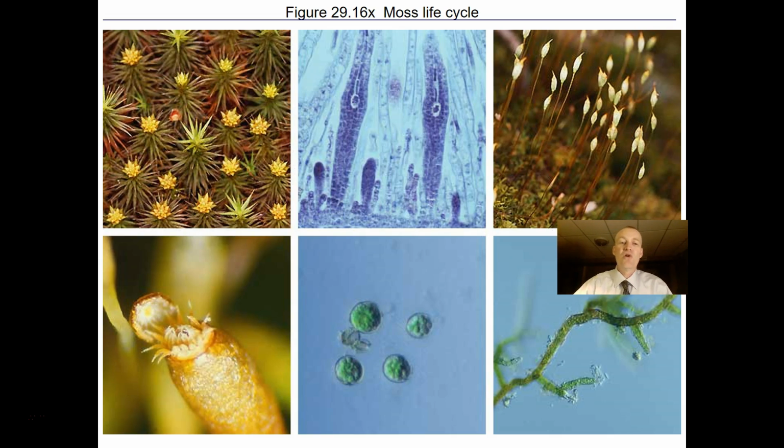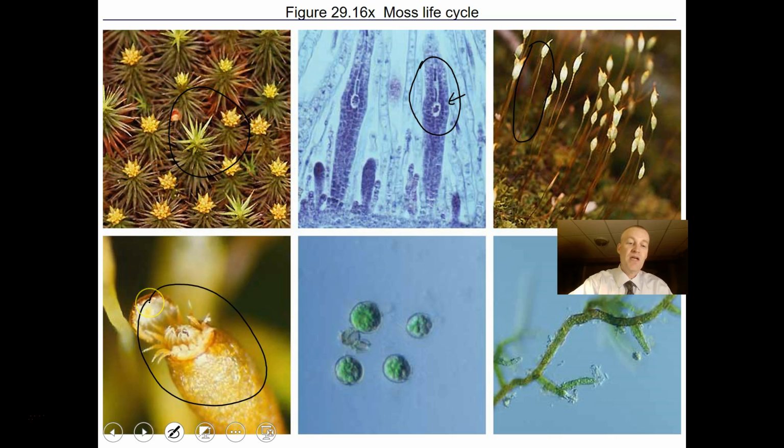This is just showing you a pictorial view of a gametophyte. So you can see here the archegonium is producing the young embryo. This is the sporophyte growing out of the gametophyte. Here is the sporangium, and this is a little capsule that's opened up, allowing spores to be released. These are the little spores, and they will undergo mitosis to produce the young gametophyte.